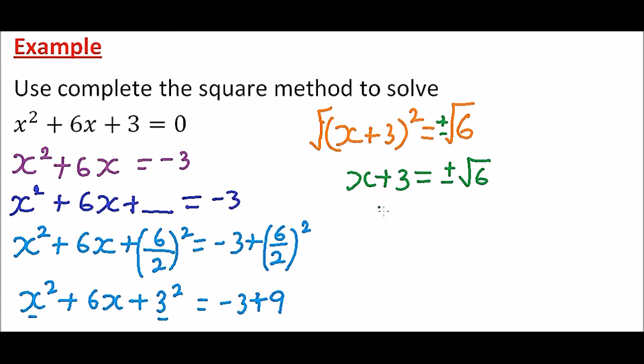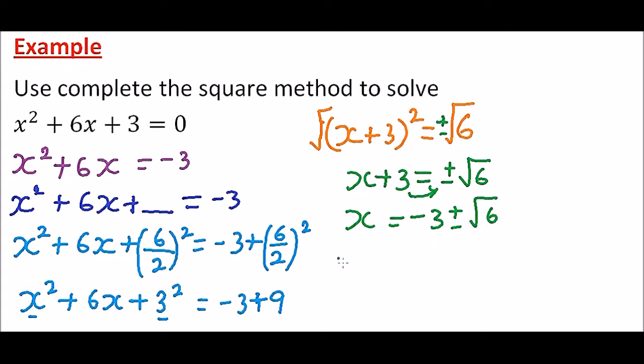Now, we take 3 to the right hand side, so we have x is equal to minus 3 plus or minus the square root of 6.